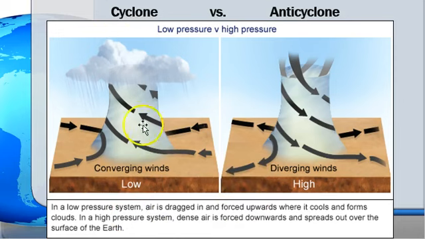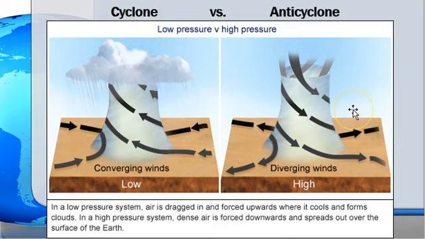So as the air is rising up, it's going to do what we call converge. It's going to all come together. So I want you to notice how all these arrows are all coming together and all becoming basically the same direction, and they're starting to spiral up. And that's what forms this cyclone. It's an upward spiral, and it's low pressure, and that's why it's pushing up.